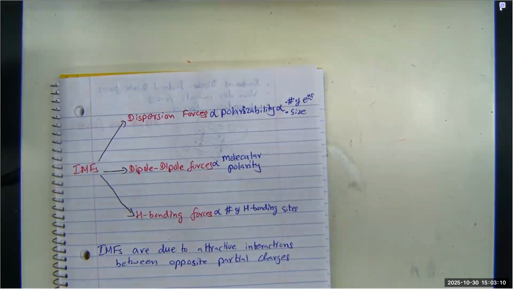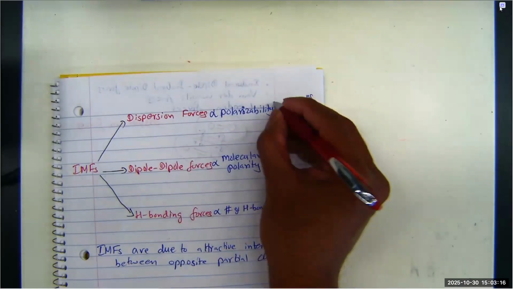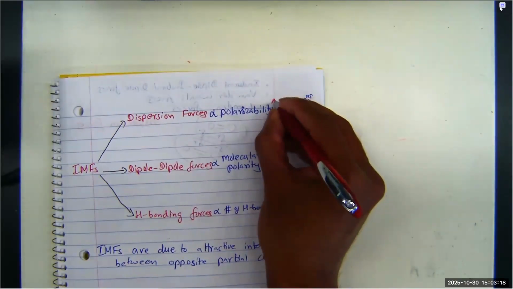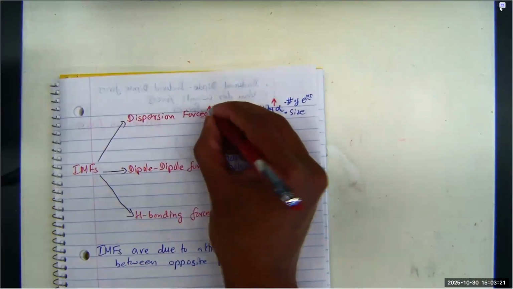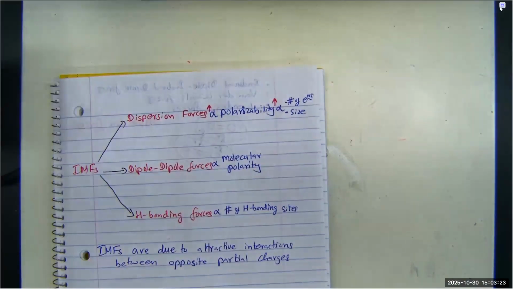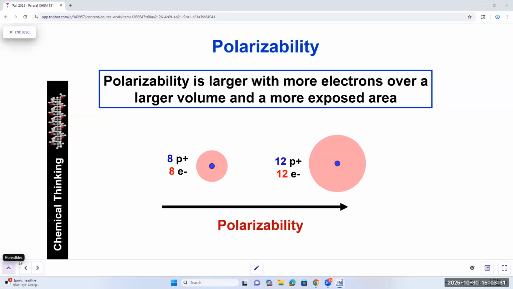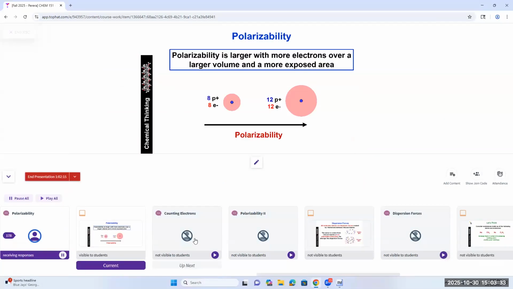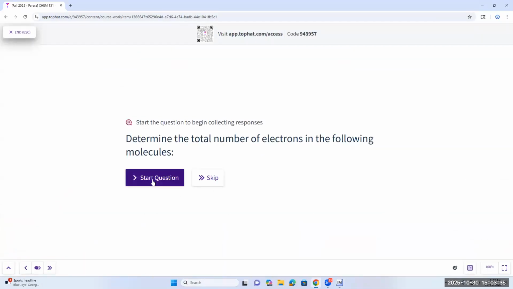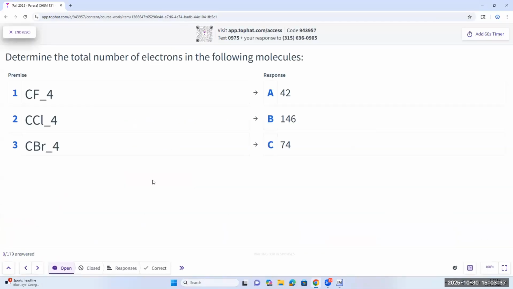Greater the number of electrons, greater the size, higher the polarizability, stronger the dispersion forces. That's the relationship we need to keep in mind. Now we know what polarizability depends on. Keeping that in mind, let's see if we know how to count electrons.